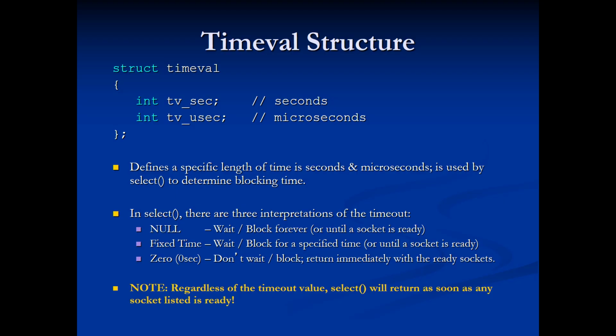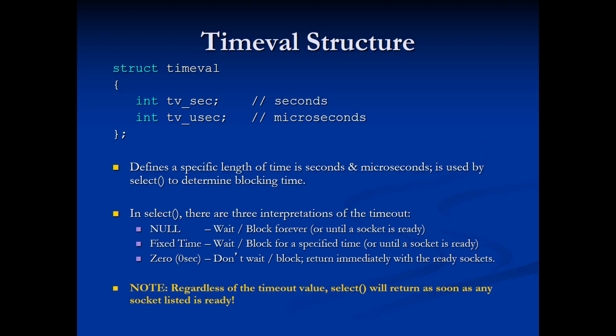Now, for the select function, there are three interpretations of the timeout. You could pass NULL for that parameter, which means you just want it to wait until at least one of the sockets in this FD set is ready to be processed. So just block until some data has arrived from the network. The second interpretation is a fixed time, like 10.2 seconds, as in the example I did two slides previous.